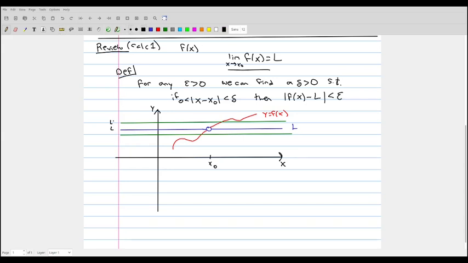this line is L plus epsilon, L minus epsilon. This is saying no matter how small this epsilon is, no matter how close you get to this limit L, you can always find what's called a delta, or a delta region in the domain of the function that traps the function inside of a box.